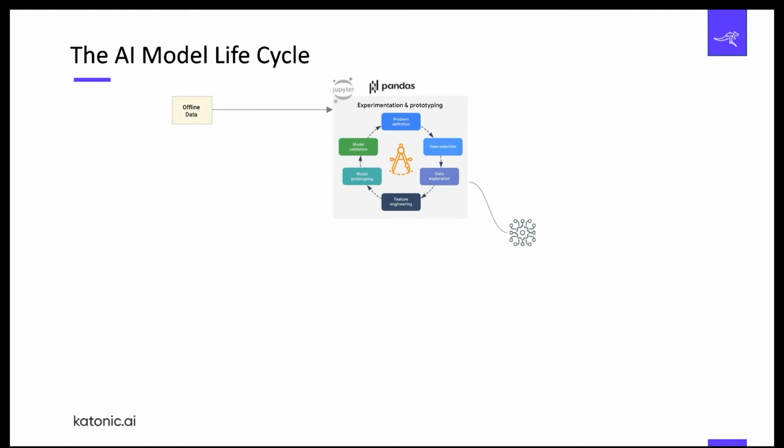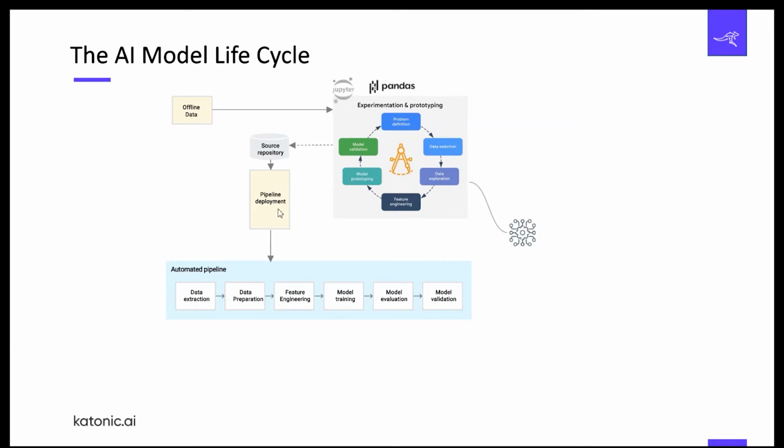So this experimentation is done, and then that source code is put into some source repository so that you can maintain versioning of the code here. And now once the data scientist has performed all sorts of experimentation and decided what would be the best experiment, that is handed over to the ML engineer.